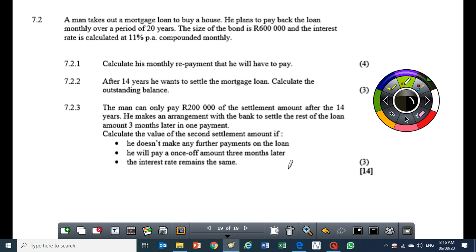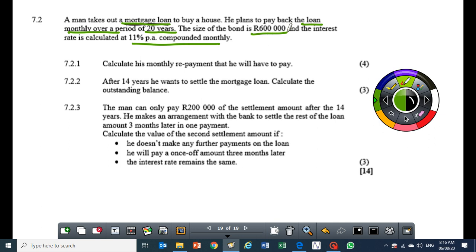Now, the good thing is, we are talking about a mortgage loan, which should be a clue to you that we are using the present value. Obviously, there are monthly payments made, and we have the amount borrowed. So we need to calculate the monthly repayment, which is X.